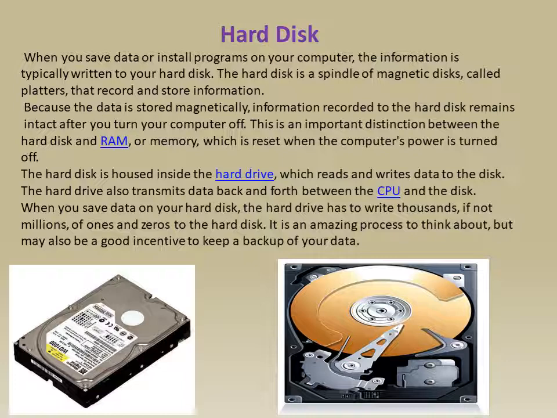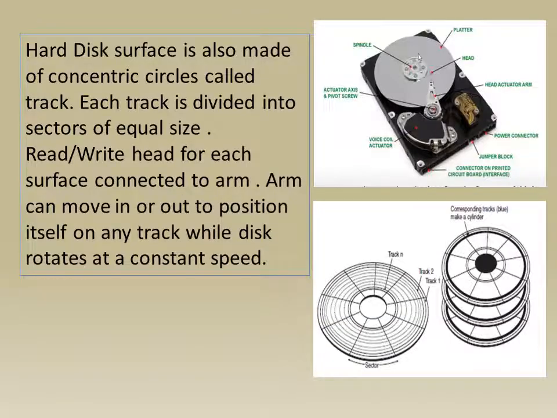For example, to write the number 0, we have to write four zeros. It is an amazing process to think about, but may also be a good incentive to keep a backup of your data. So this is the introduction to the hard disk.